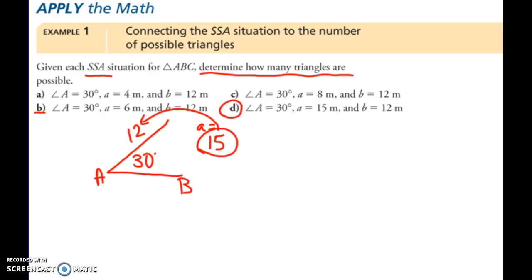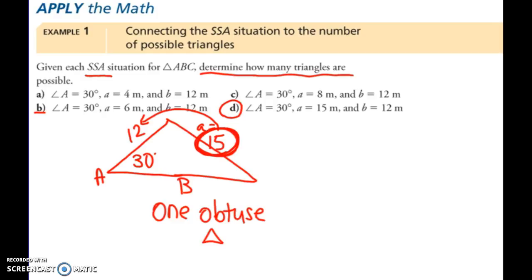So the only triangle that can be formed is one obtuse triangle. The side a was bigger than our side length b, which was 12. 15 is bigger than 12, so that's going to form one obtuse triangle.